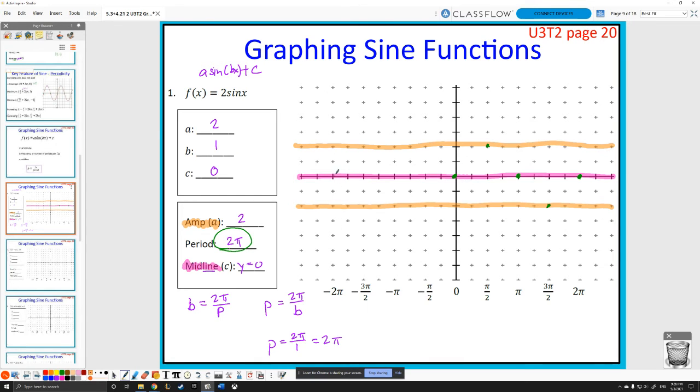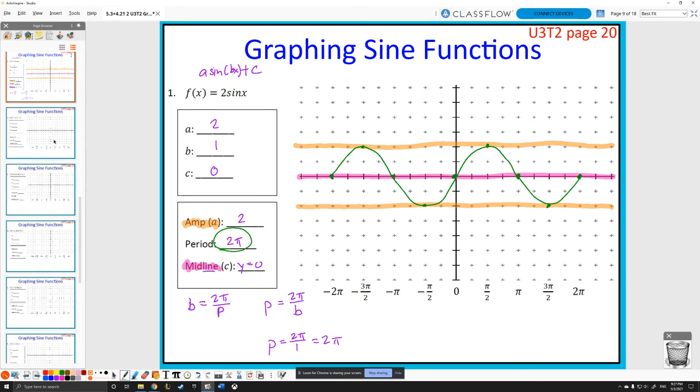Negative 2 pi, max. All right, hopefully this goes well. Last try. Okay, that's not the best, but I think it'll do for now.